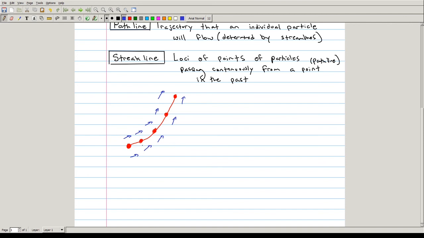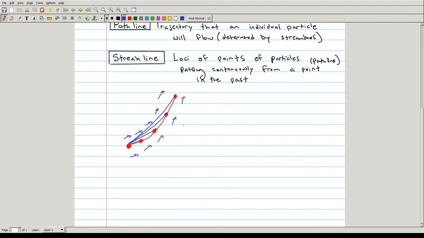But the idea is this red curve is a path line, say. A streak line is just the evolution of, say, if it's a fluid flow, you release a dye, so this particle is releasing a dye. The streak line is the evolution of that dye as it's released by this particle in the fluid flow field.